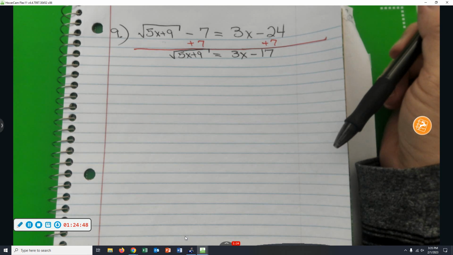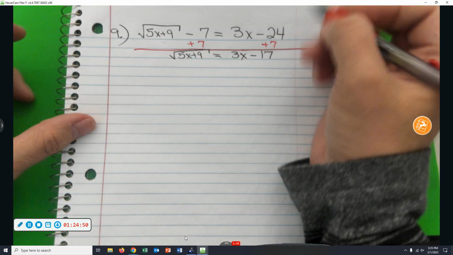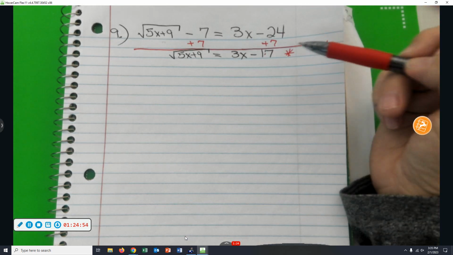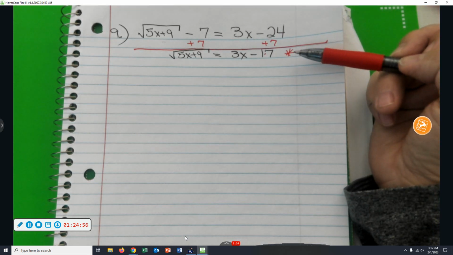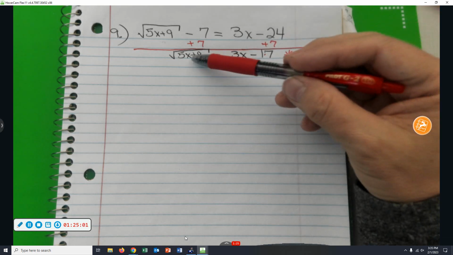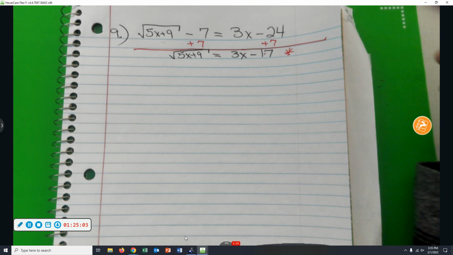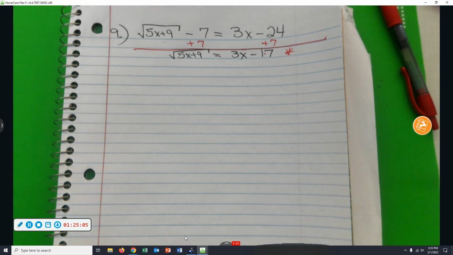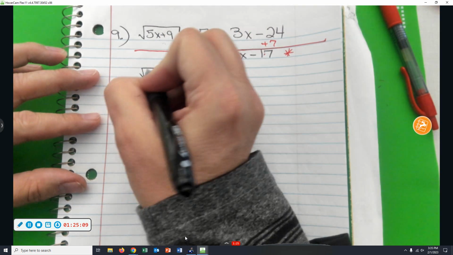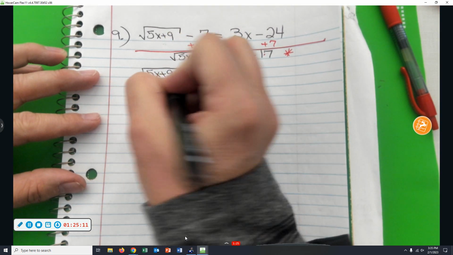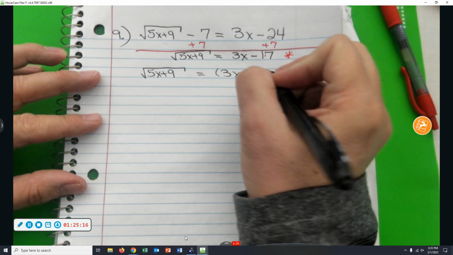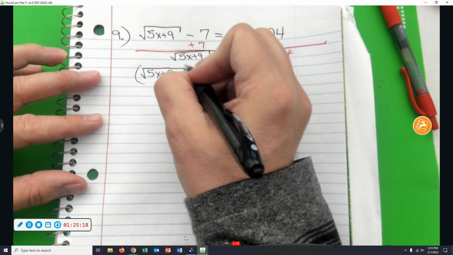I'm going to put a little mark here because I want to keep this clean; this is what I'll use for checking purposes, the one where the square root's already isolated. So we have the square root of 5x plus 9 equals 3x minus 17, and we're going to square both sides.